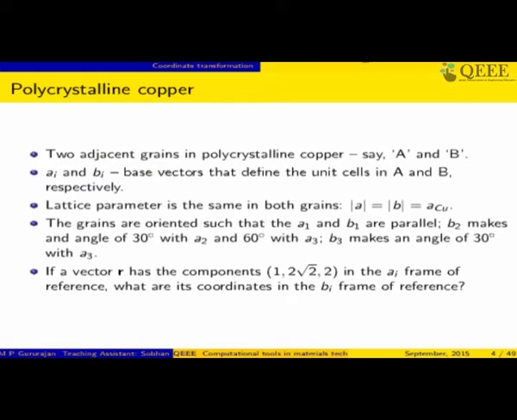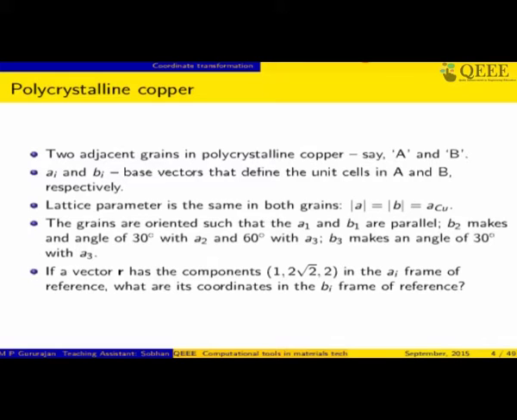That will be considered as one grain. And if you move away from that region, there will be another region where they are aligned but differently than in A. Those are known as the B region. So we have two adjacent grains. And the base vectors that define the unit cells in A and B, let them be given by Ai and Bi. Because this is a three-dimensional structure, Ai will have A1, A2, A3, and Bi similarly will have B1, B2, B3.